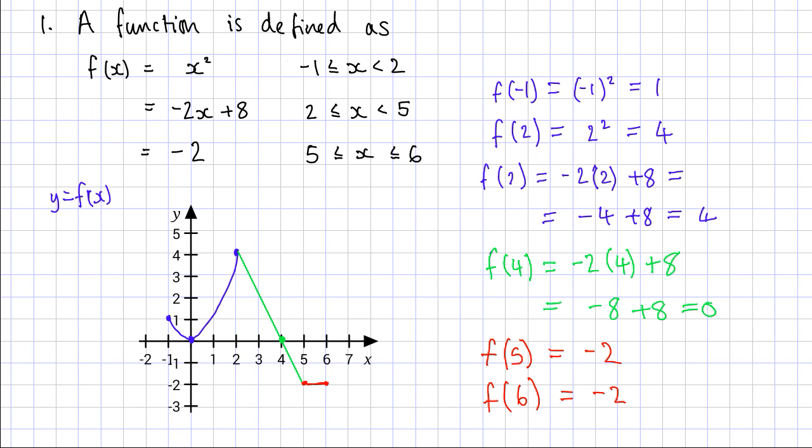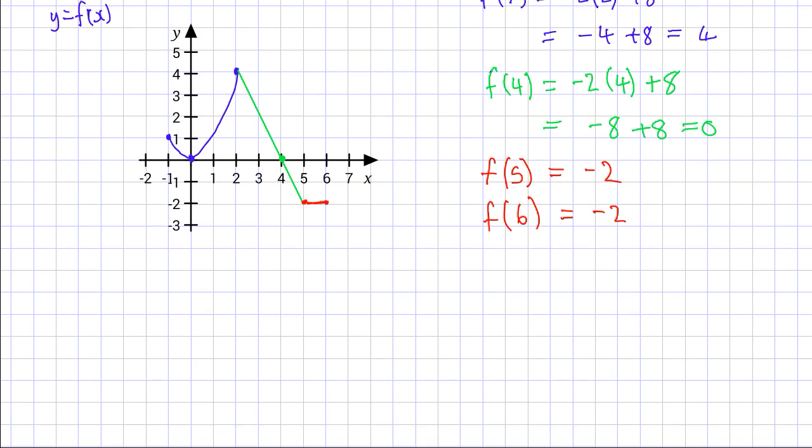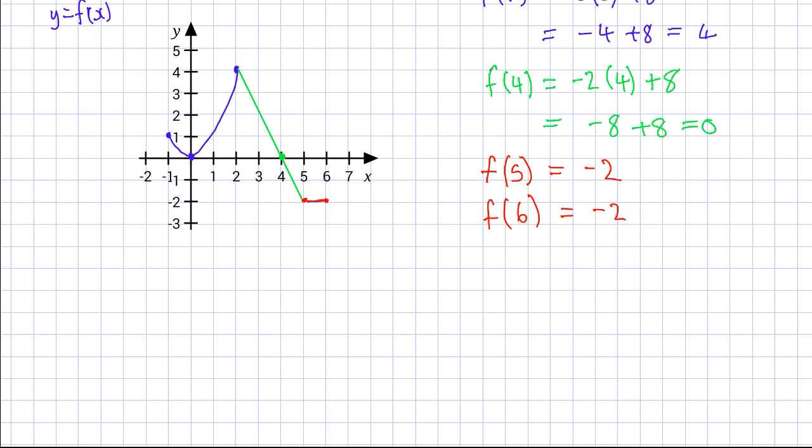Now here's another question that we can try and answer. So what would be the range of my function? Now the range of my function, so this is all the different outputs that I can get. I can see the lowest output I've got, the graph doesn't go below this, is going to be minus 2. So I can start by writing my range.